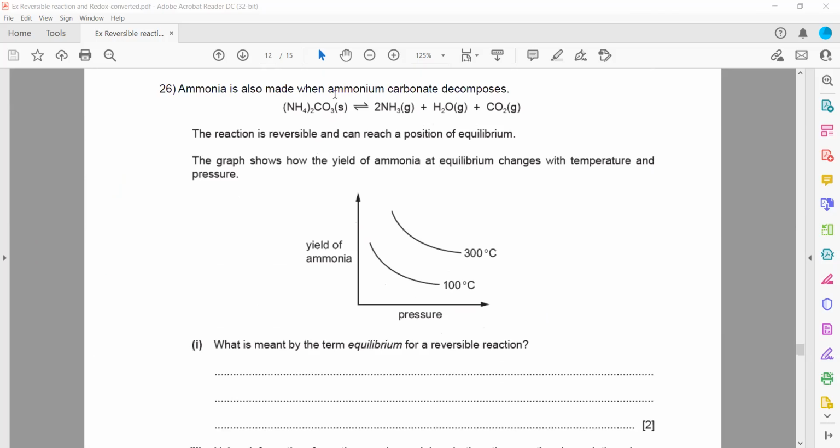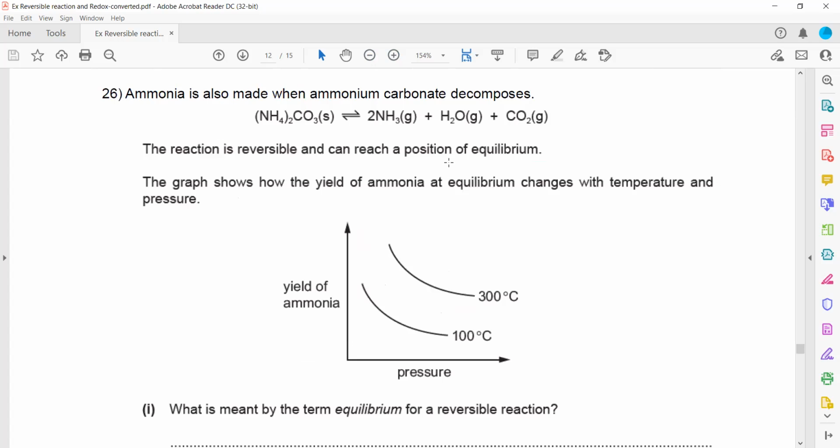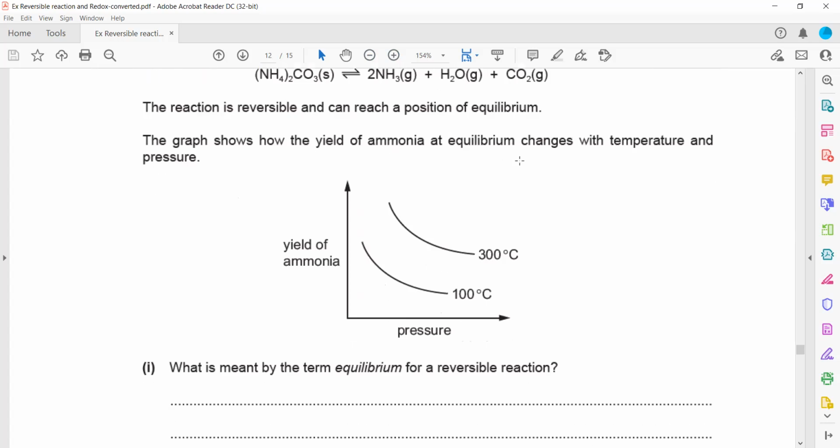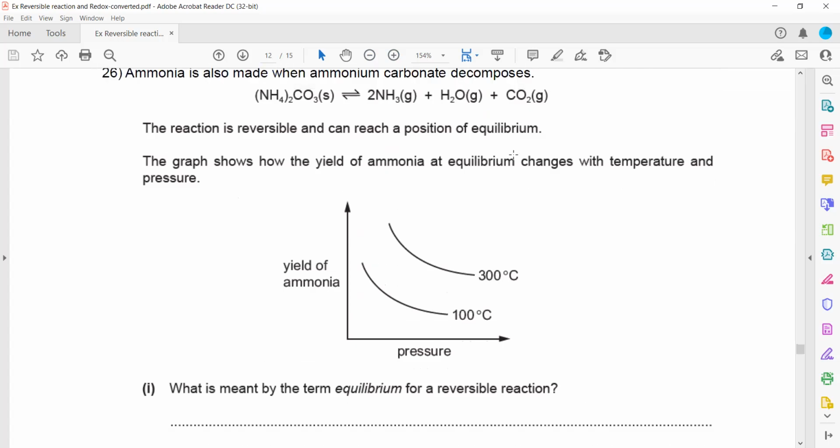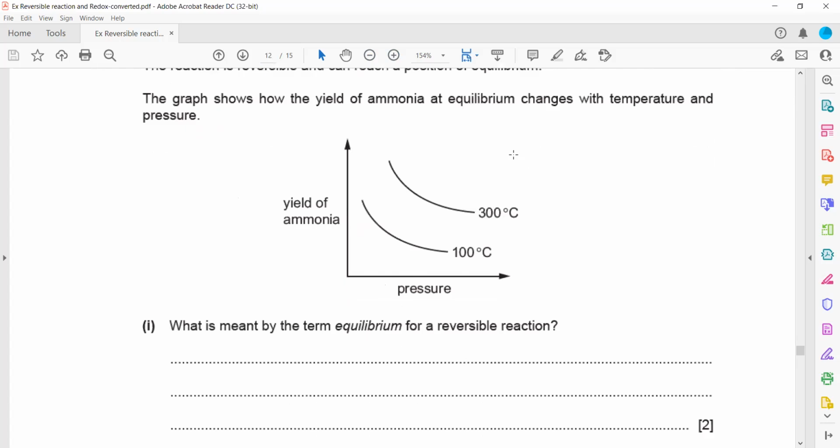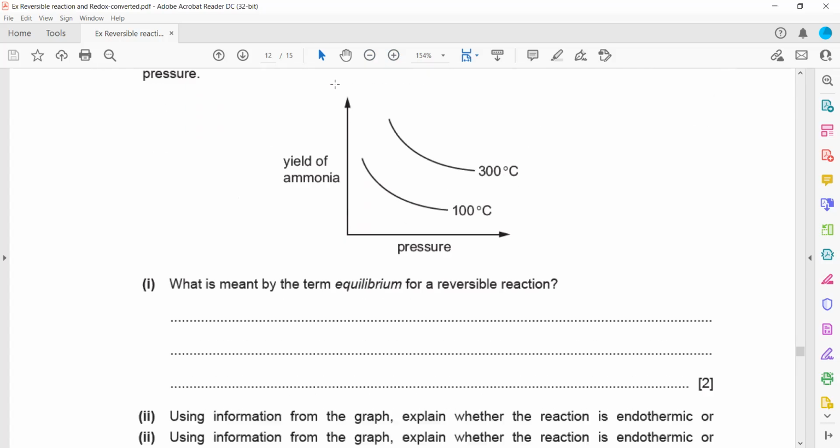In question 26, ammonia is also made when ammonium carbonate is decomposed. The reversible reaction is there, and the graph shows how the yield, or amount of product, ammonia, changes with the temperature. What is meant by the term equilibrium for a reversible reaction?